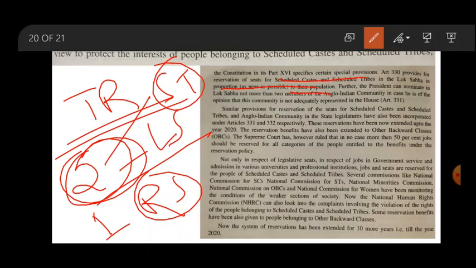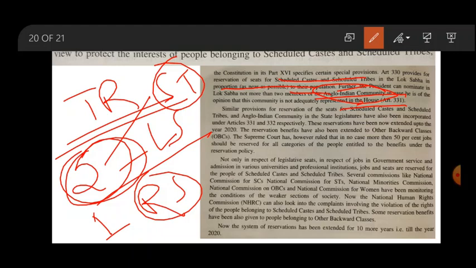Further, the President can nominate not more than 2 members of the Anglo-Indian community to the Lok Sabha, in case he is of the opinion that this community is not adequately represented in the House, under Article 331. The Anglo-Indian community are those who stayed back, who have some relations with the British.